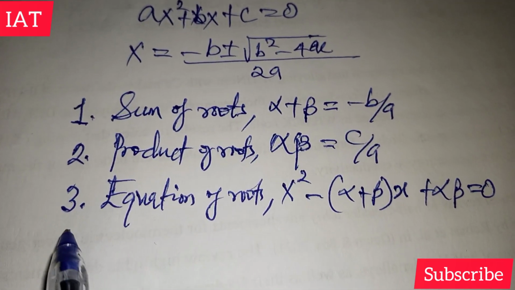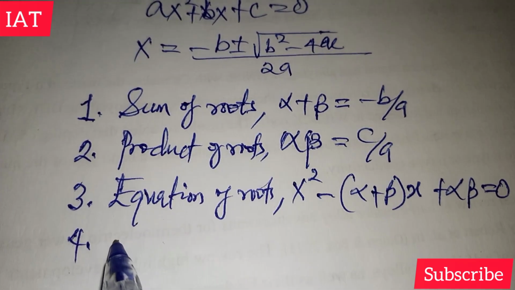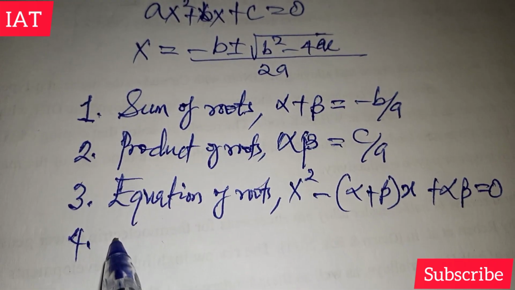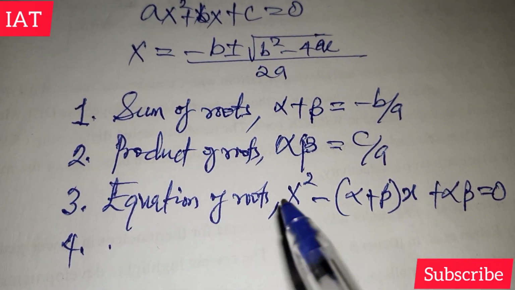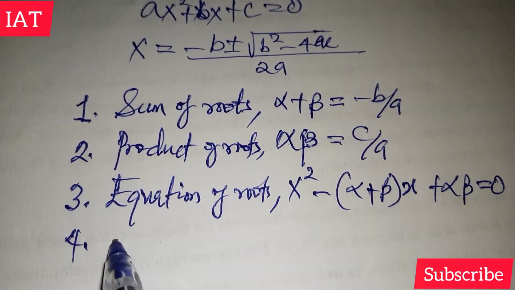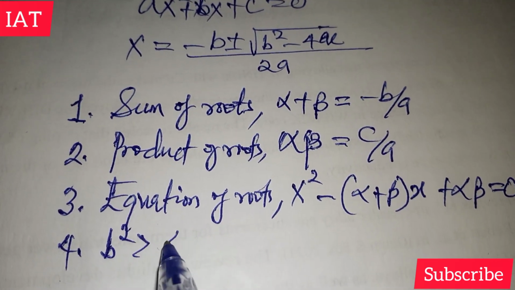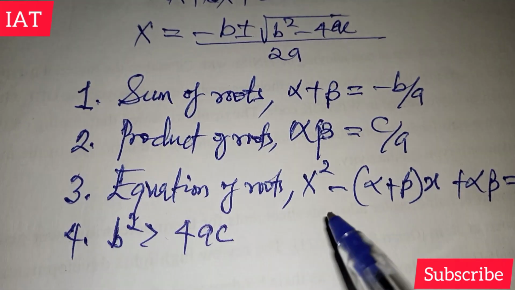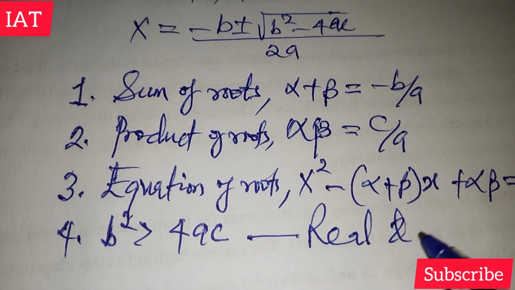So the next 3 parts I want to introduce is when you have what we call the discriminant, which is b squared minus 4ac. When b squared is greater than 4ac, then it means we have real and different roots.